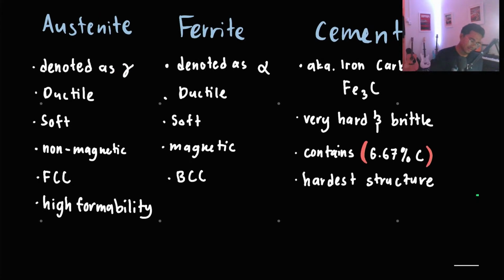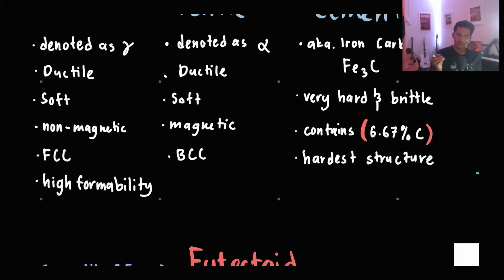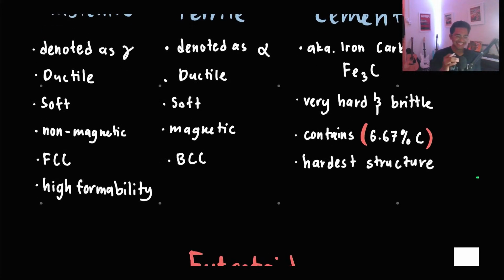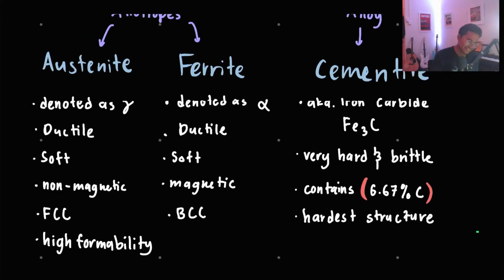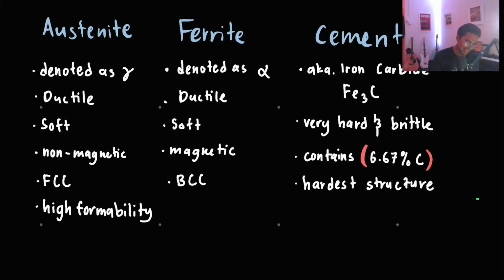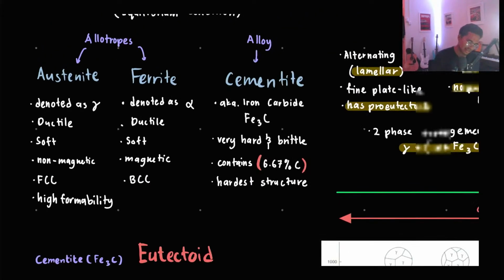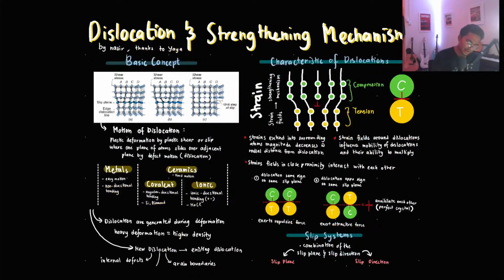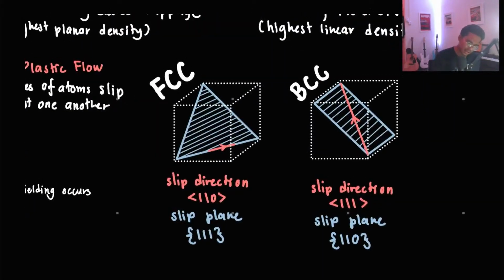Okay. So austenite and ferrite are quite the same. Both of them are ductile. They are soft. Austenite is non-magnetic. Ferrite is magnetic. The main difference between austenite and ferrite is FCC and BCC. Remember I talked about the structure of FCC and BCC.